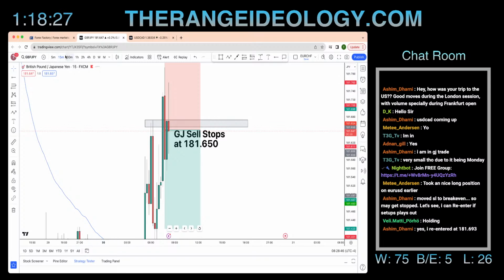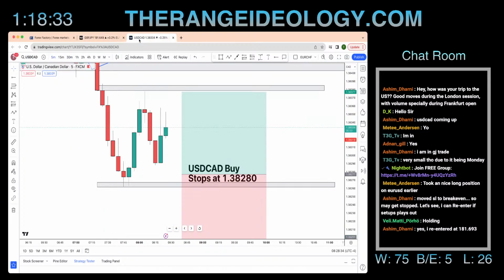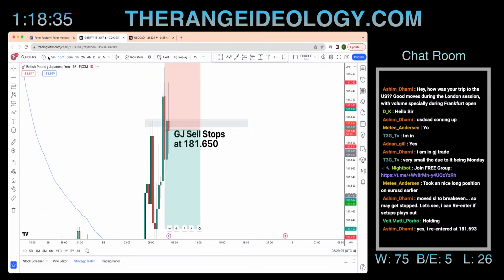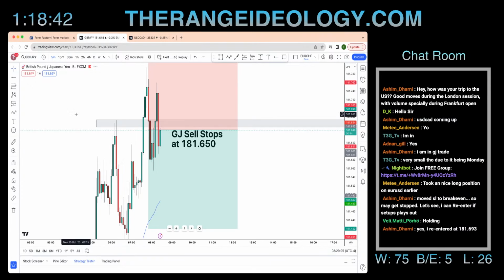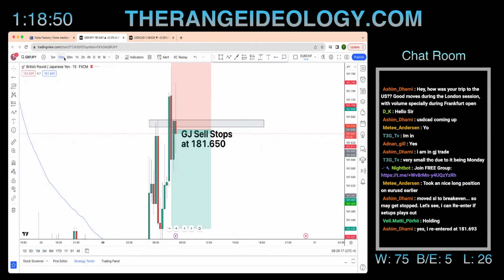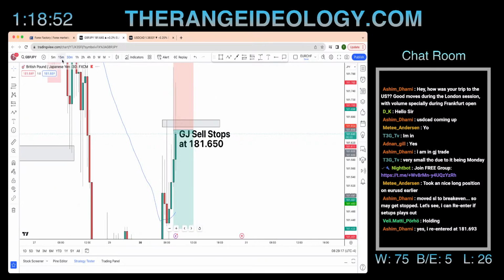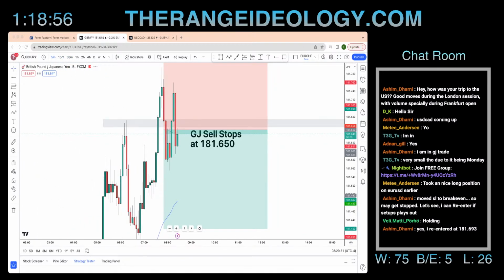We got a 15-minute and 30-minute candle close coming up in less than a minute here. Again, break even again. Oh boy. And the 15 and 30-minute candle is about to close. Let's see.